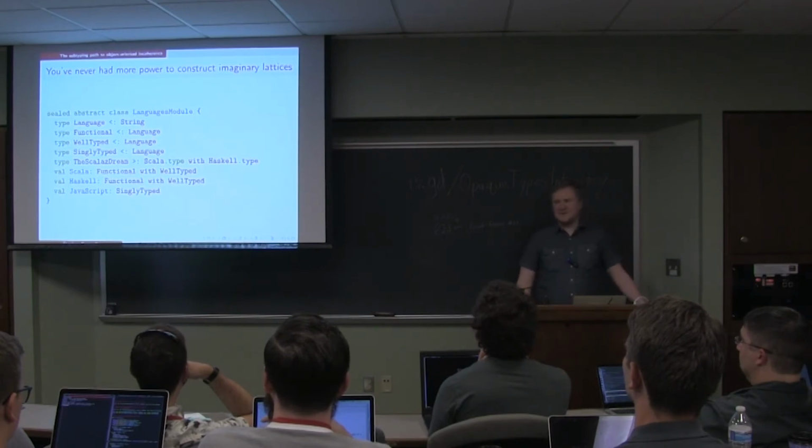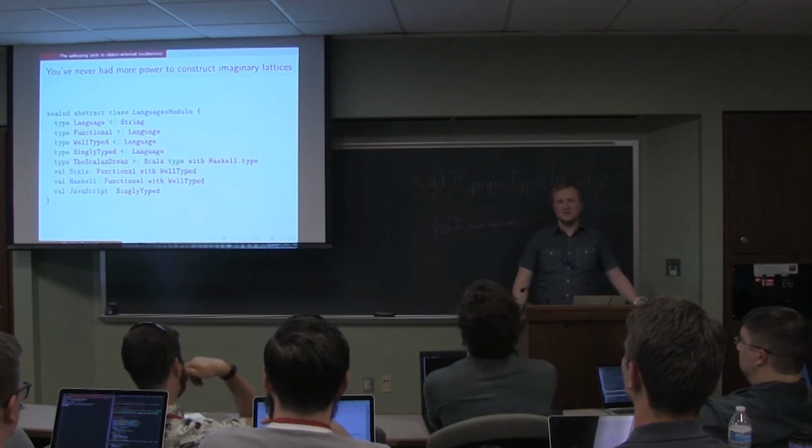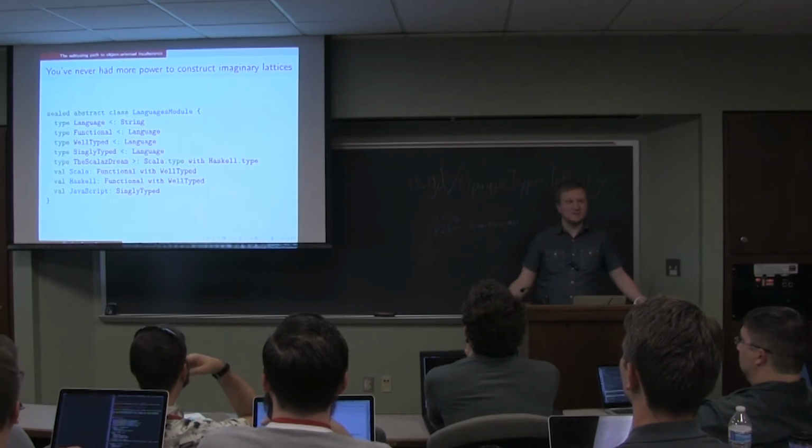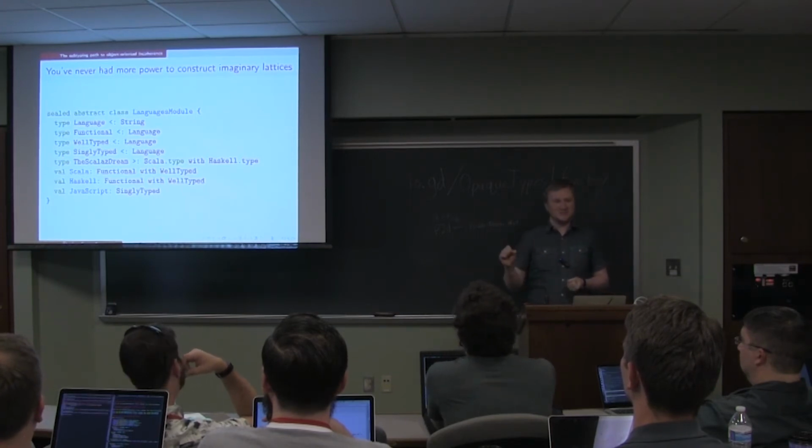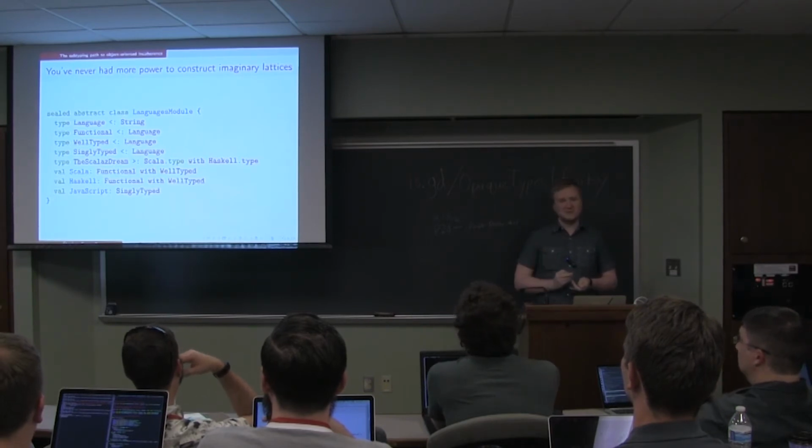It's kind of neat, because if you're using subtyping heavily, you can do some pretty crazy stuff that you couldn't just do with classes. So I have a signature here, which defines a bunch of types and a bunch of values of those types. Now, a valid structure for this signature could set all 5 of these types equal to string. It could even set all 3 of those values equal to the same string.